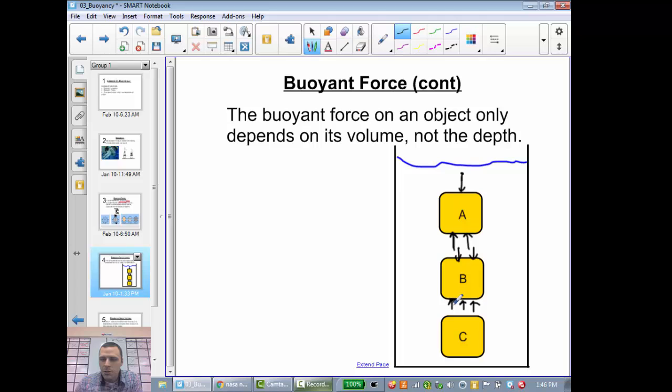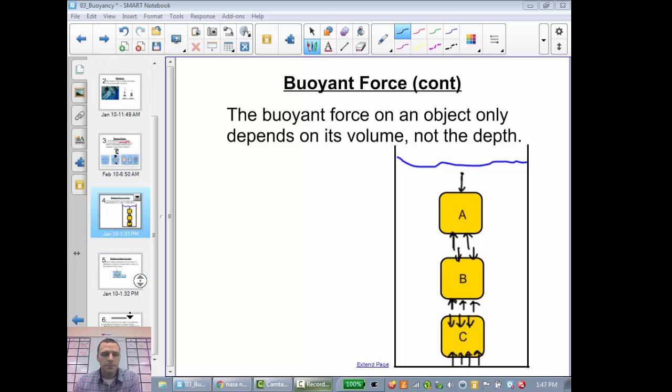It has a little bit more pressure on the bottom than the top, but it's only by a difference of 1. And then object C might experience a pressure of 3 down, but 4 up. And the differential in the pressure, which creates the buoyant force, is only 1. So it really doesn't matter on the depth of the object. It matters the volume of the object, which is what's important.